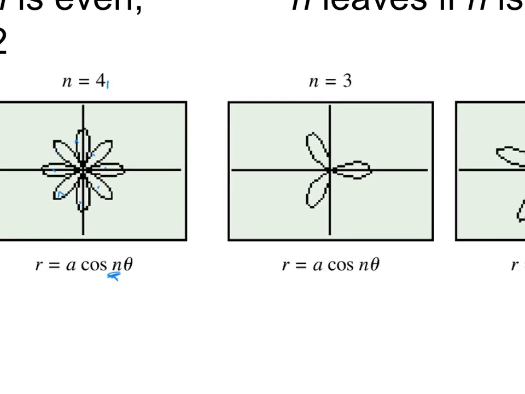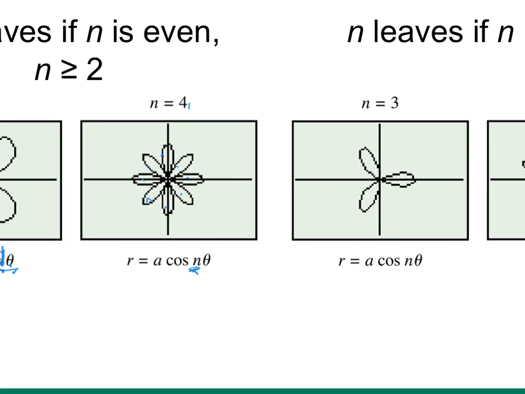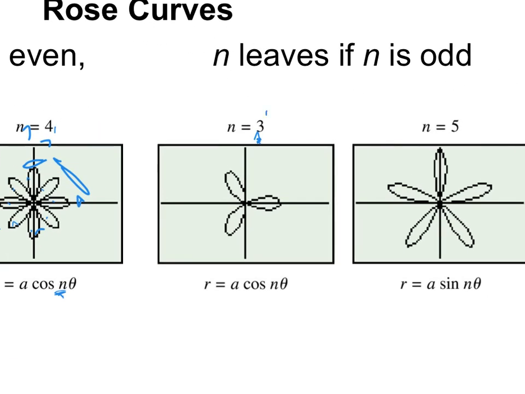If we make it 3, there's a reason that this happened. 3 is odd, whereas 2 and 4 are even. So you learn little tricks about being even. You end up getting these petals that go around the circle, and you have them inside the quadrants, and on the axes, and so forth. But if n is odd, it doesn't work the same way, because n is 3, you actually got 3 petals.